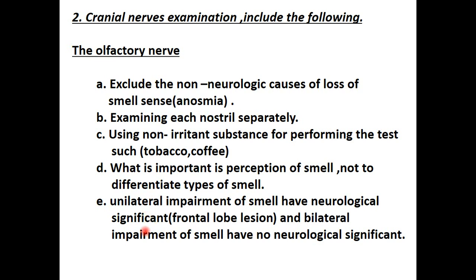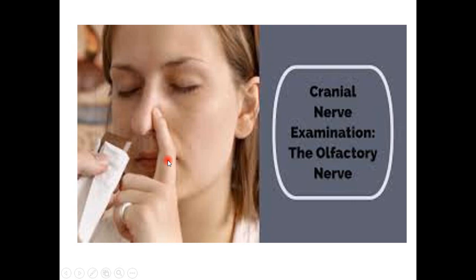As we said, usually with non-neurological causes of loss of smell we have bilateral loss of smell, which is not significant. This is the way to examine the olfactory nerve, by obstructing one nostril and smelling from the other nostril separately. It should be done bilaterally.